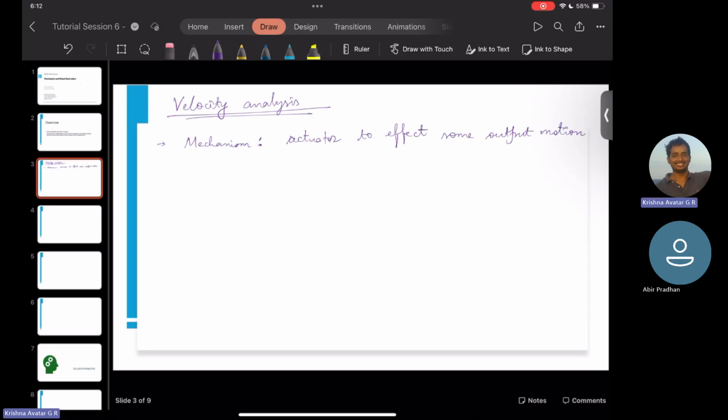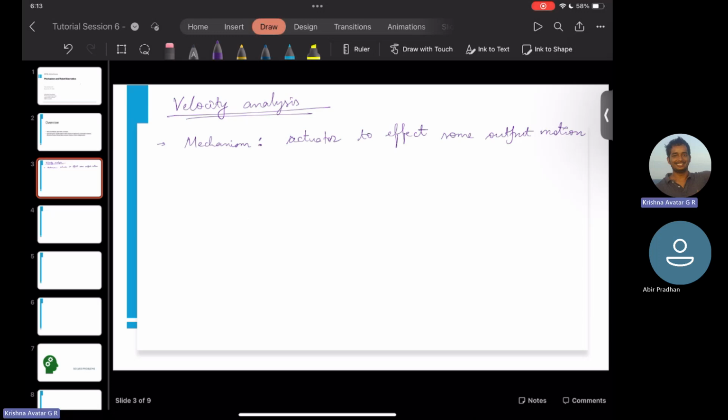So far we had been discussing a static case, in the sense that we only look at the orientation of the actuator and the resulting output, and not how it varies with time. It was just the final input and the final output, rather than the process, its behavior with respect to time.